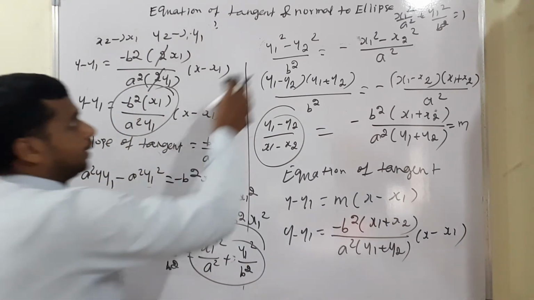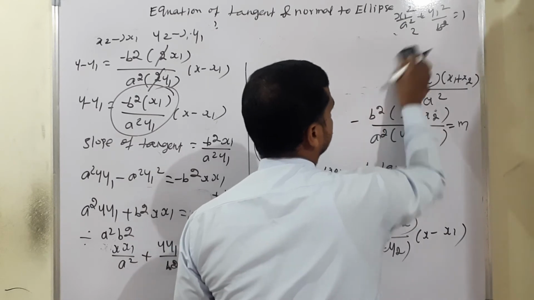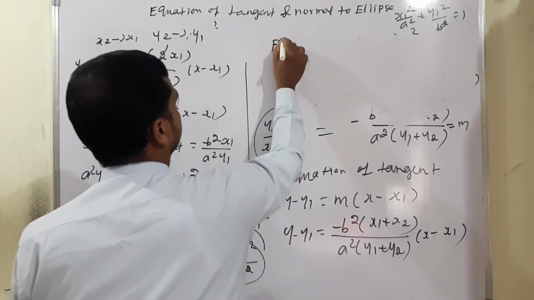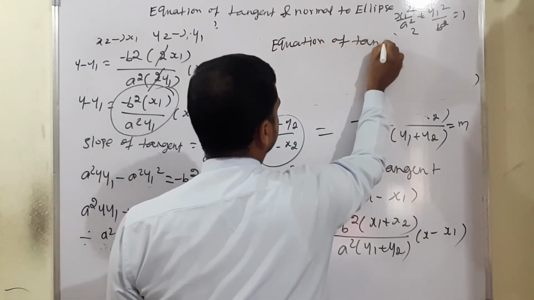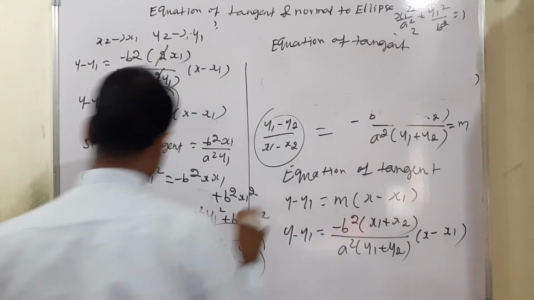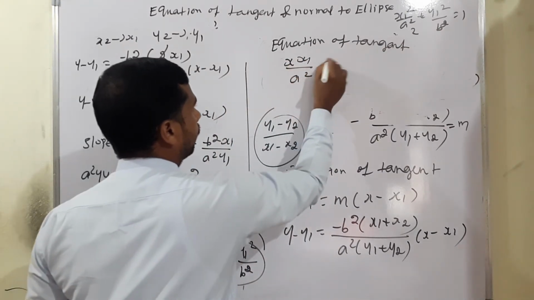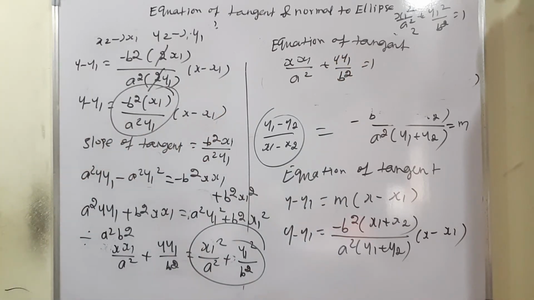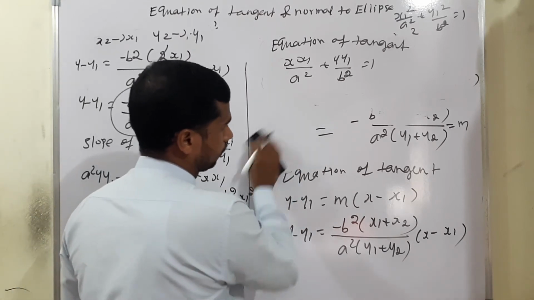Therefore, equation of tangent means formula x x1 divided by a square plus y y1 divided by b square is equal to 1. Moving to how to find out the equation of normal, isn't it?